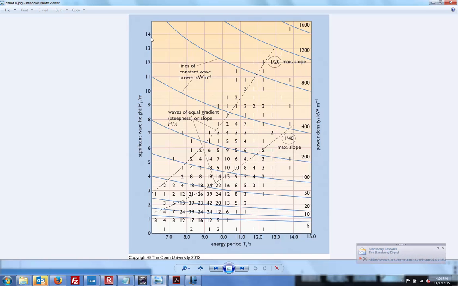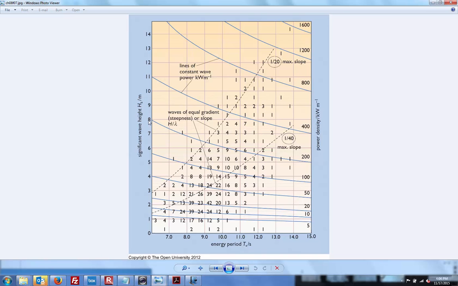And each one of these lines that we see here are constant power. So let's look at this for a second. If you've got a relatively high wave, and it's coming in frequently, every 7 seconds, you're going to have relatively high power.